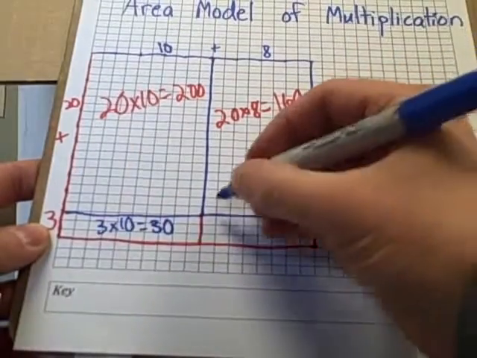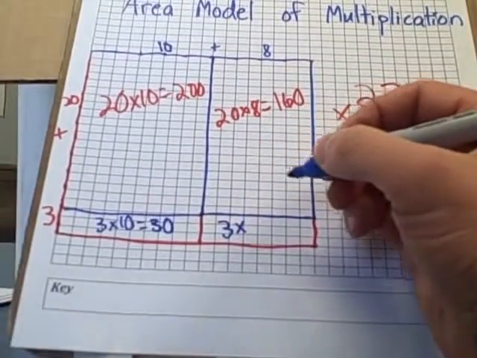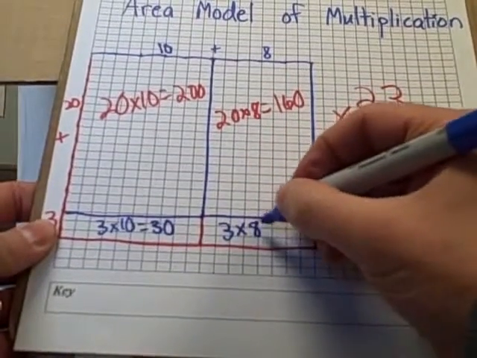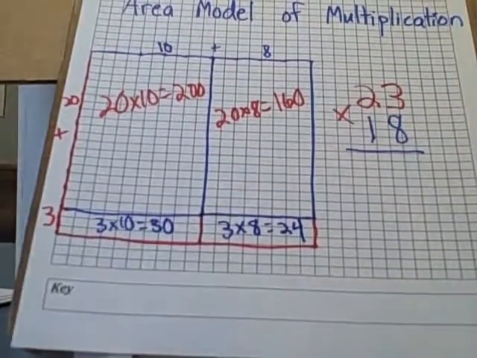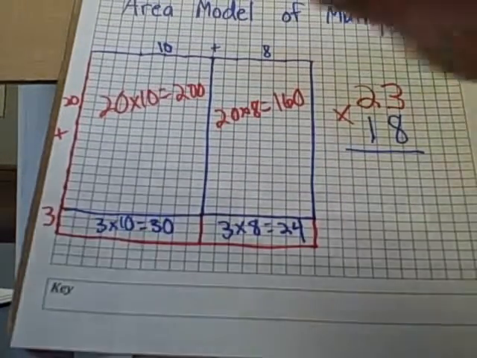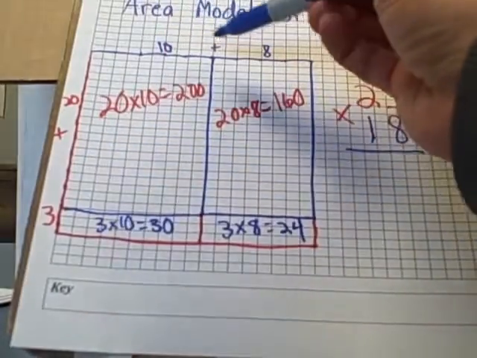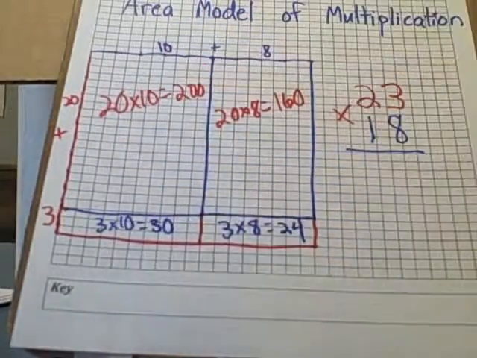And 3 times 8 equals 24. Okay, so 20 units times 10 units equals 200 square units.